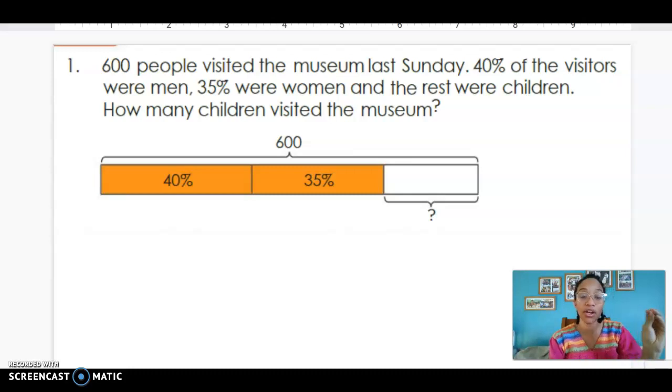We know that our 100 and our 600 cancel out to make 6 and 1. So what we're really looking for is 25 times 6, because that's what's left once we've simplified our fractions, okay? So we can count easily by 25s, or we can multiply. 25, 50, 75, 100, 125, 150. 150 of the people who visited the museum were children.